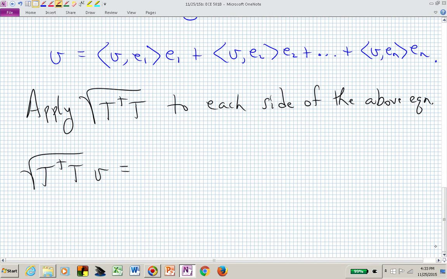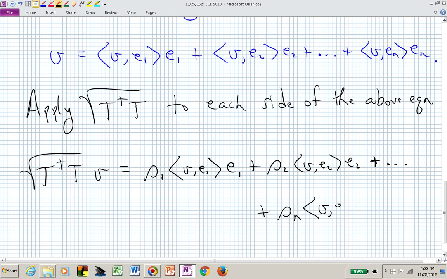So let's now put that in. We now have s1 with the inner product of v with e1 scaling e1, plus s sub 2 inner product of v with e sub 2 scaling e sub 2, etc. That's how we defined the e's and the s's, plus s sub n, inner product of v with e sub n scaling e sub n.